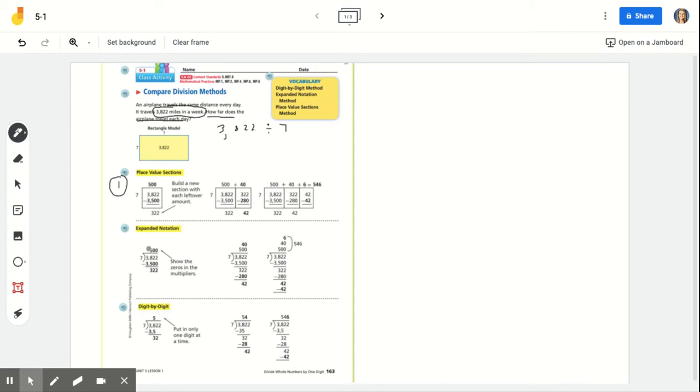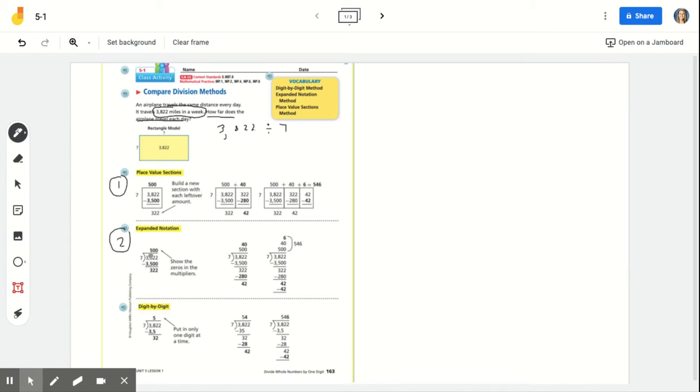The next method is called the expanded notation method. I want you to label that as a number 2. That's set up using the long division setup that we're used to. And when they first started to divide 7 into 3,822, they said it goes in 500 times. They showed the zeros and the multipliers.